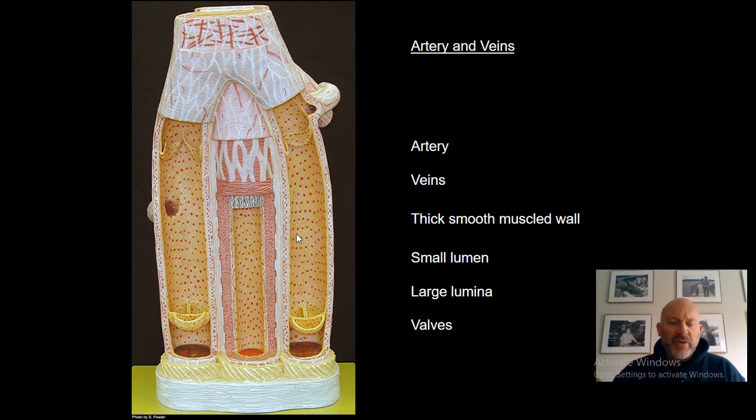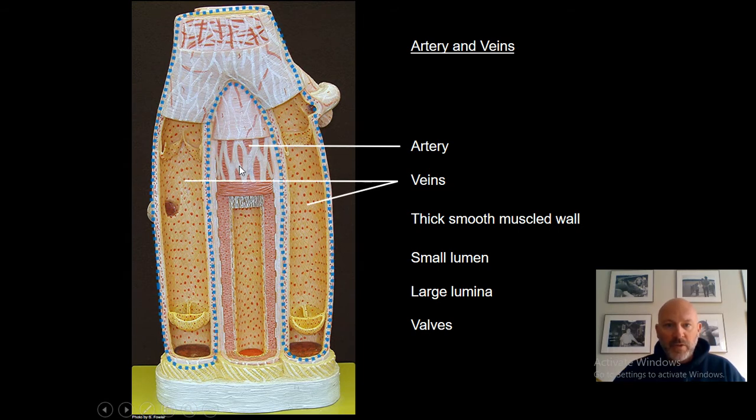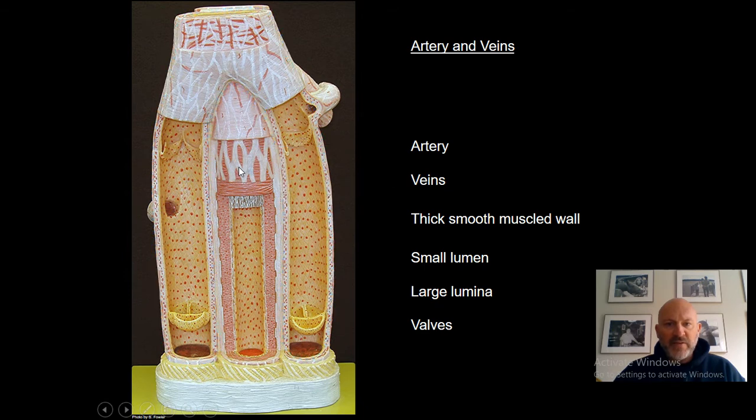This is a model that would normally be in the lab room. And what this is showing you is the difference between veins and arteries. So here we see a vein coming down and splitting into two smaller veins. And in the middle, we see this artery. So these two on the sides are veins, and then this one in the middle is an artery.